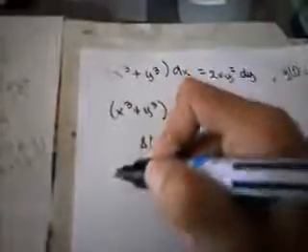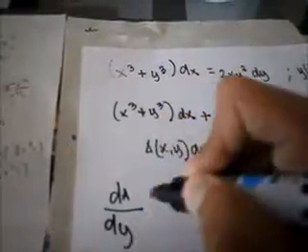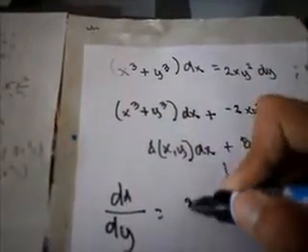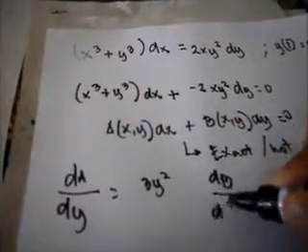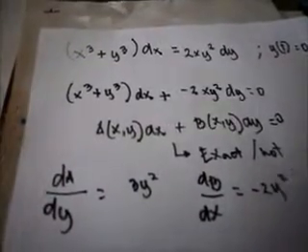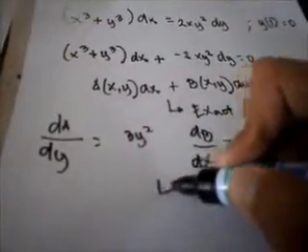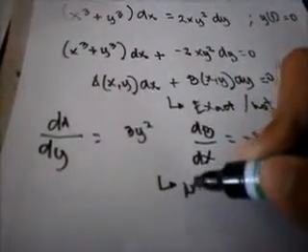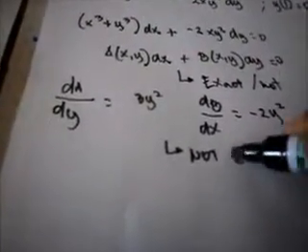First we need to find the value of dA dy, which is 3y squared, and dB dx, which is negative 2y squared. As you can see, they are not equal, so it's an inexact equation, not exact.